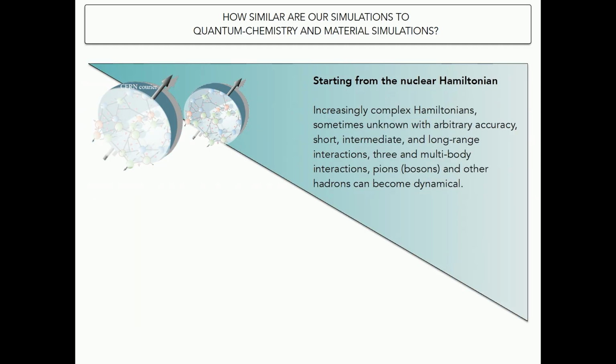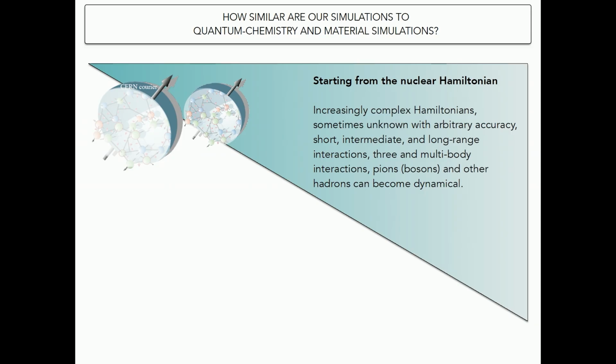So what about this second path that starts from nuclear Hamiltonians, these effective degrees of freedom that are neutrons and protons? So as I said, these are more similar to quantum chemistry problems, but still they are different, okay? So in what way? We have increasingly complex Hamiltonians that are sometimes even unknown with arbitrary accuracy as we go to higher body systems, okay?